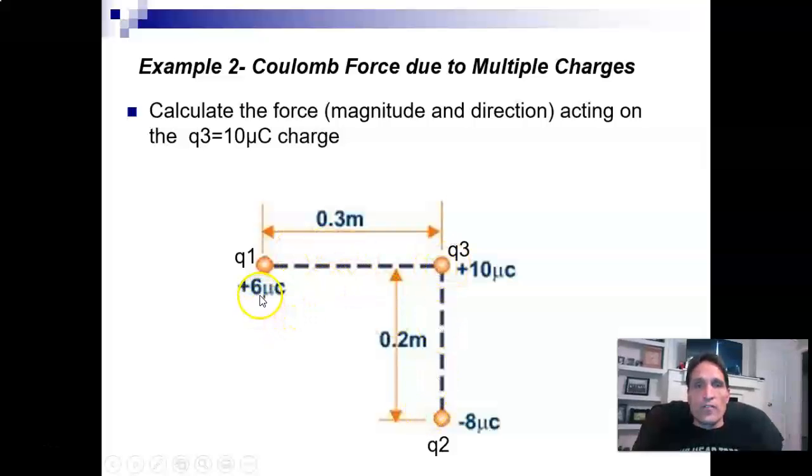So we have three charges here, Q1, Q2, and Q3. Q1 has a magnitude of plus 6 microcoulombs. Micro is 10 to the negative 6 coulombs. Q2 has a charge of negative 8 microcoulombs, and Q3 has a charge of 10 microcoulombs. And what we want to do is determine the magnitude and the direction of the force exerted on Q3 by Q1 and Q2.